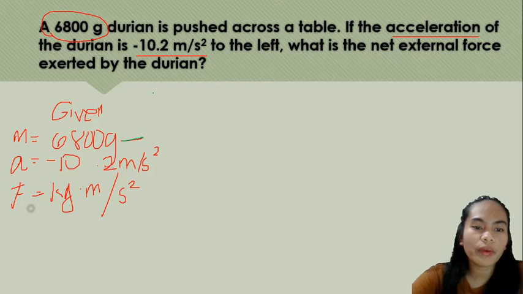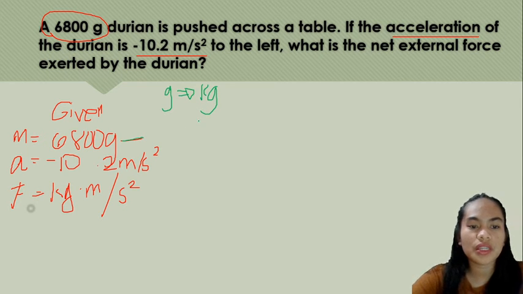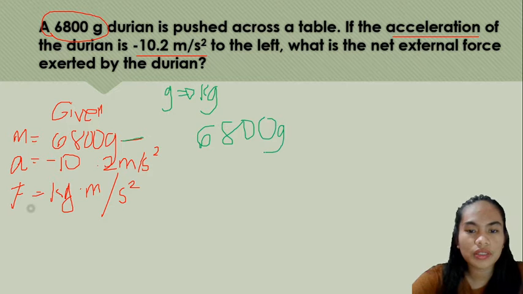Our conversion of units will be from grams into kilograms. How should this be done? We have here 6,800 grams, and you multiply by a fraction bar.